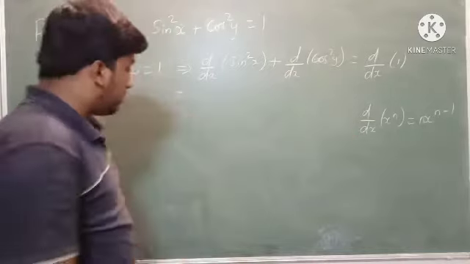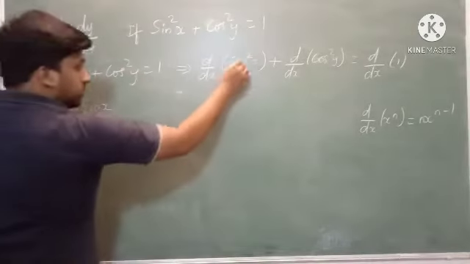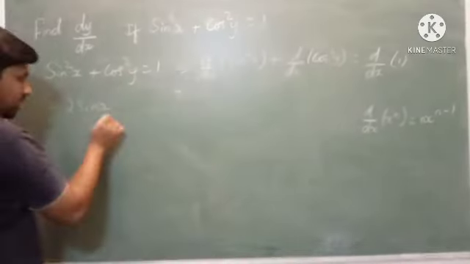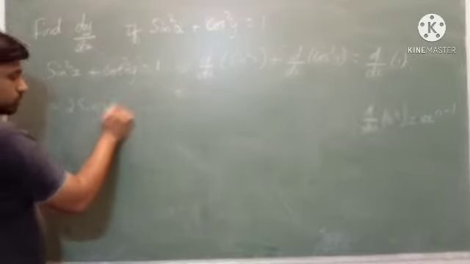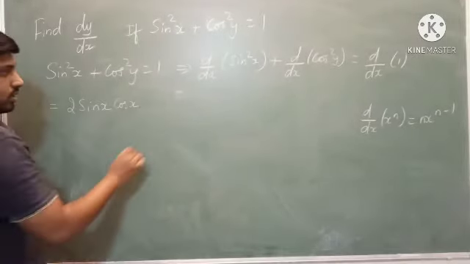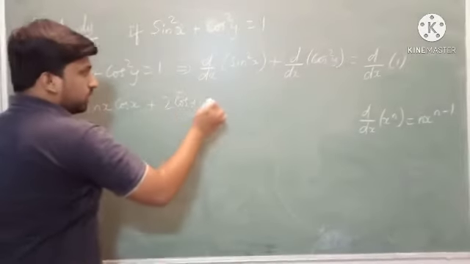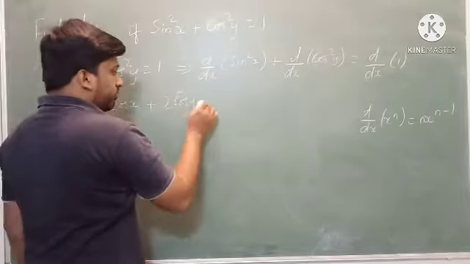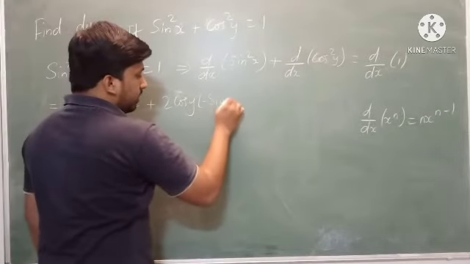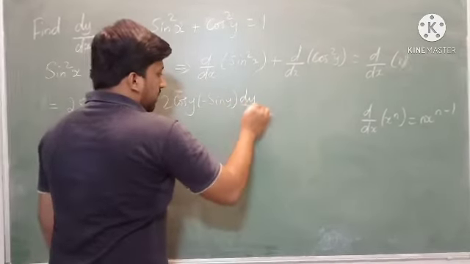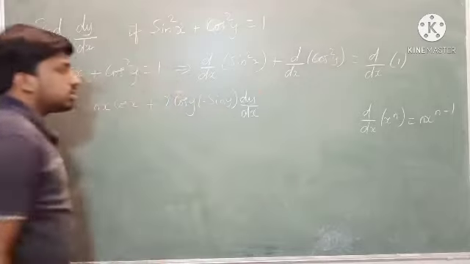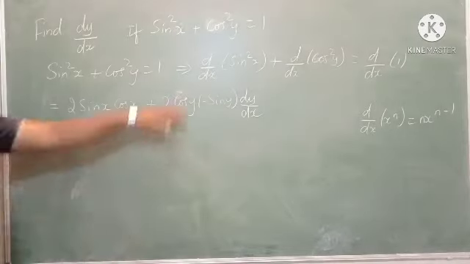We know this, right? So similarly here for sin square x, we will be getting 2 sin x into differentiation of sin x, so we will be getting cos x, plus 2 cos y into differentiation of cos y, we will be getting minus sin y into dy by dx. Why am I writing dy by dx here? Because we are differentiating with respect to x.